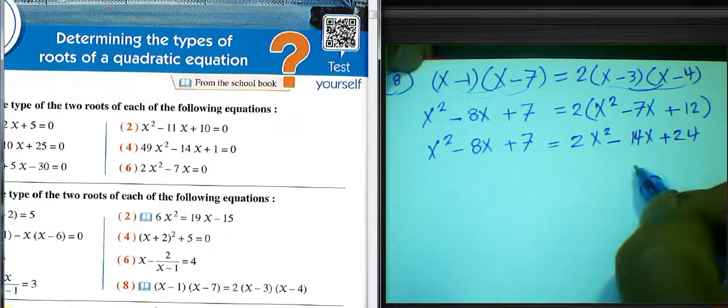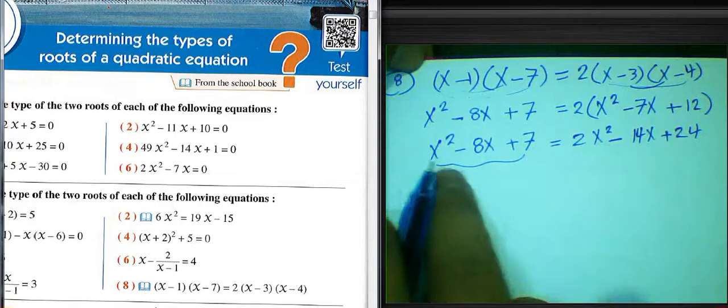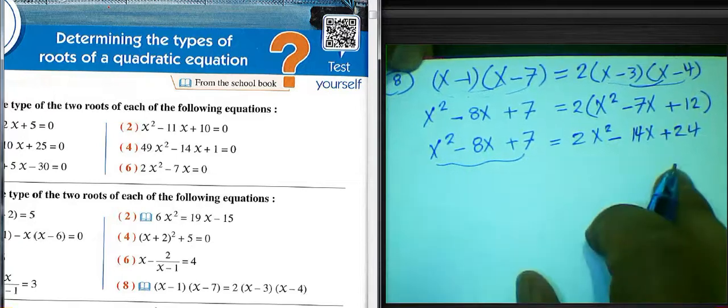So we can solve it. We move this expression to the right hand side.